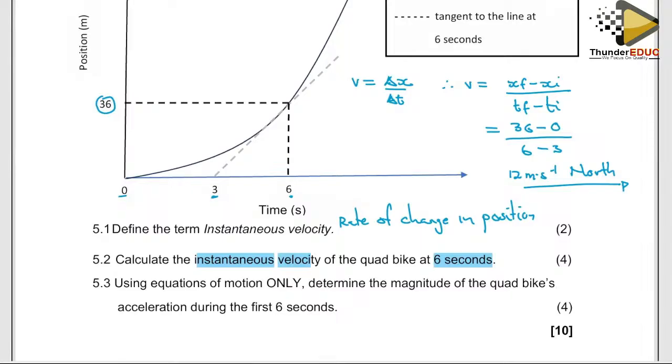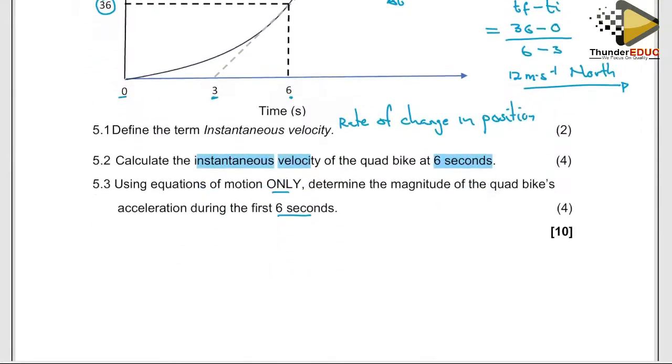They're saying, using equations of motion only, determine the magnitude of the quad bike's acceleration during the first 6 seconds, right? So according to this, I'm going to write my data. My delta t is 6 seconds.